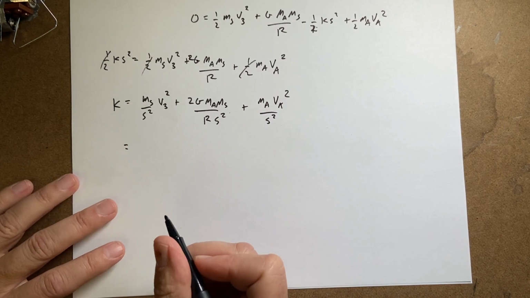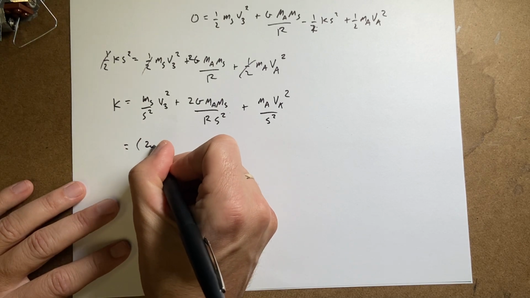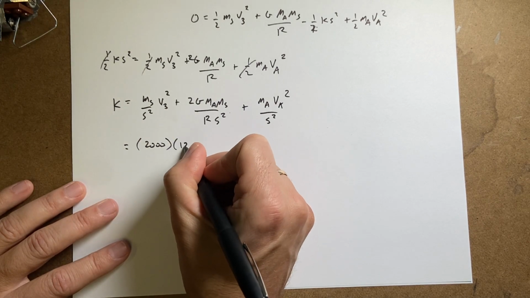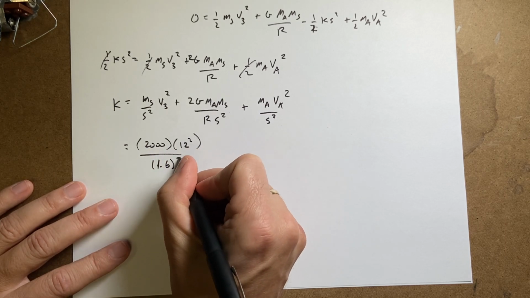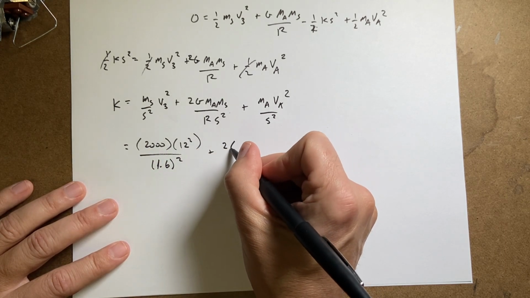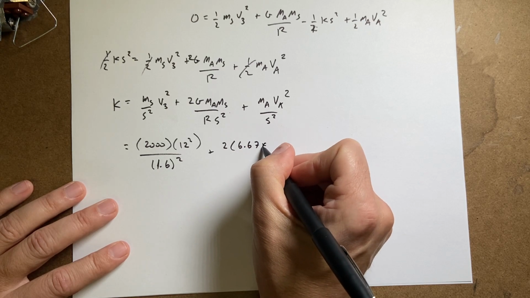So let's put in my values. ms was 2,000, 12 squared, over 1.6 squared, plus 2 times 6.67 times 10 to the negative 11th.